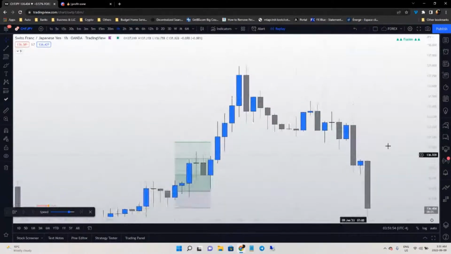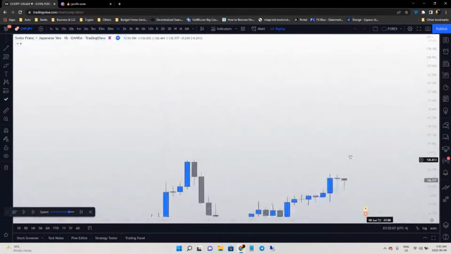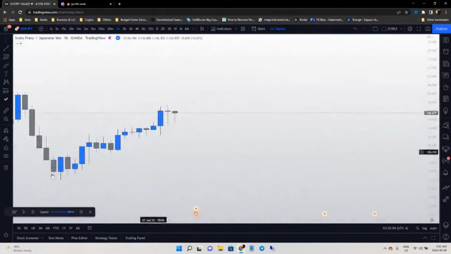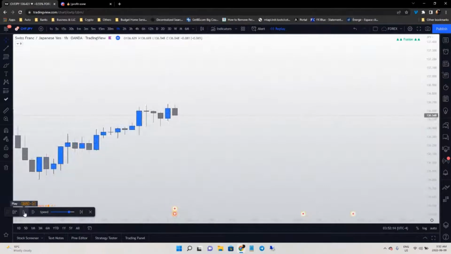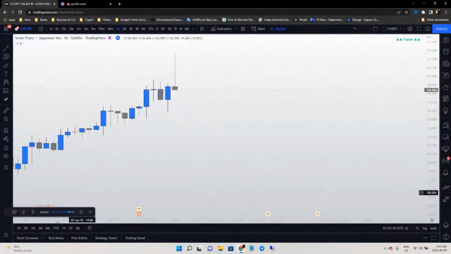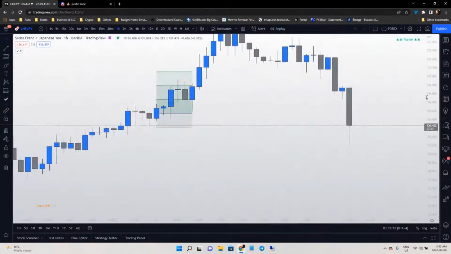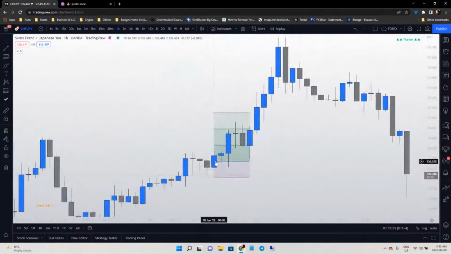Same, that was a beautiful setup too. It printed out the trade. I'm just gonna do another bar replay for you. This one, sometimes the bar replay doesn't work, but the actual setup on live, you're going to see it.